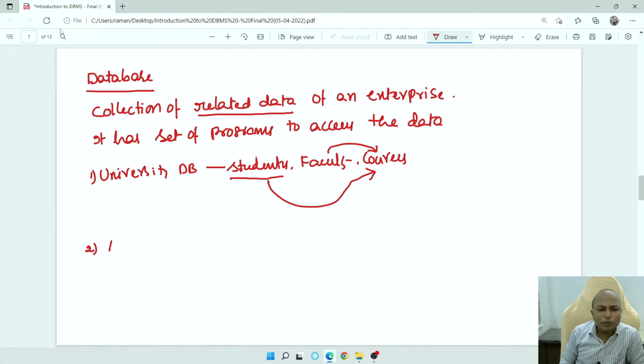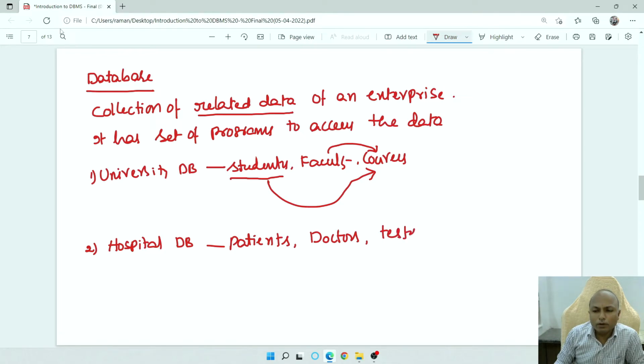And consider a hospital database. There the tables are patients, doctors, and tests.